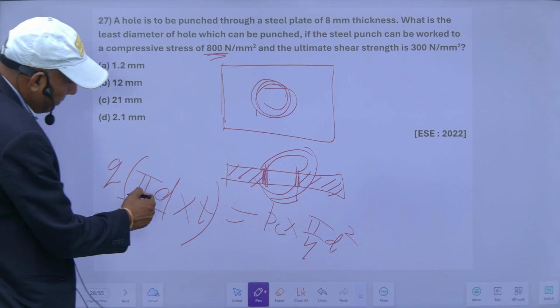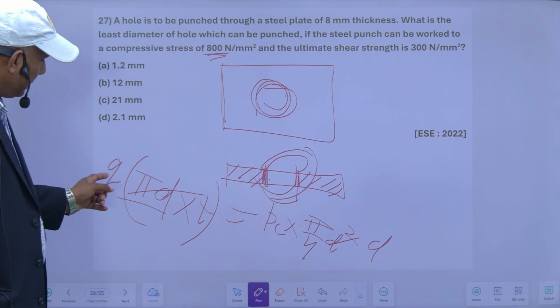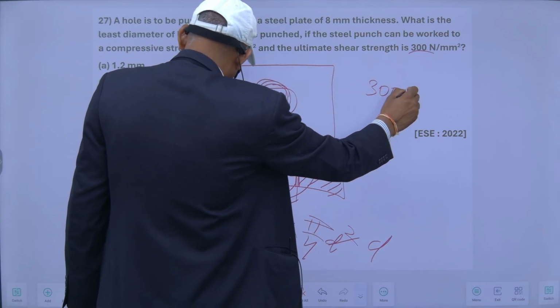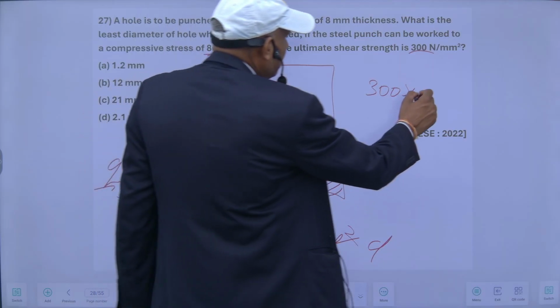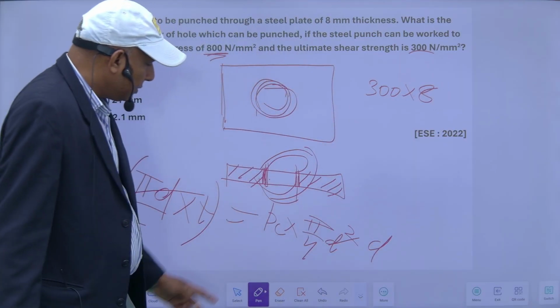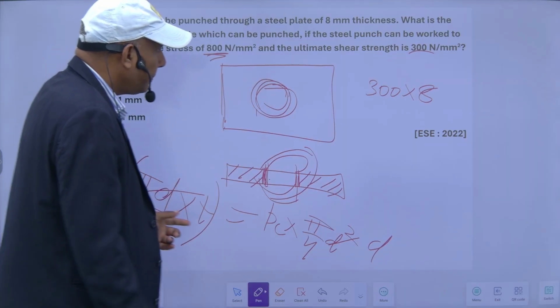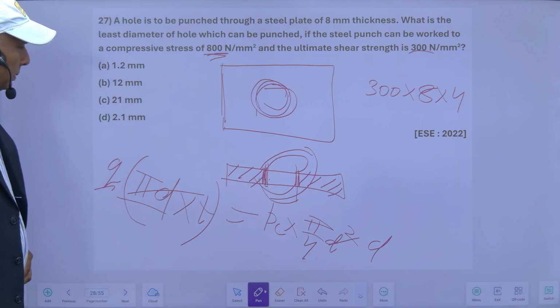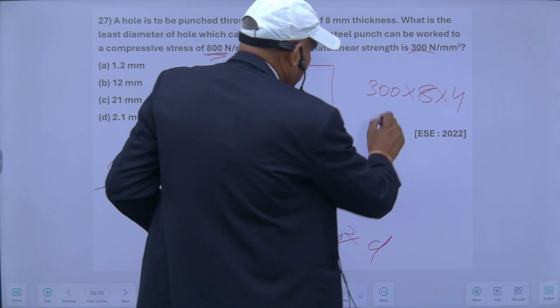So it will be only d and q into t. Q is shear stress. This is q into t. T is the thickness, so it is 8 mm. This 4 will come here, divided by this PC.